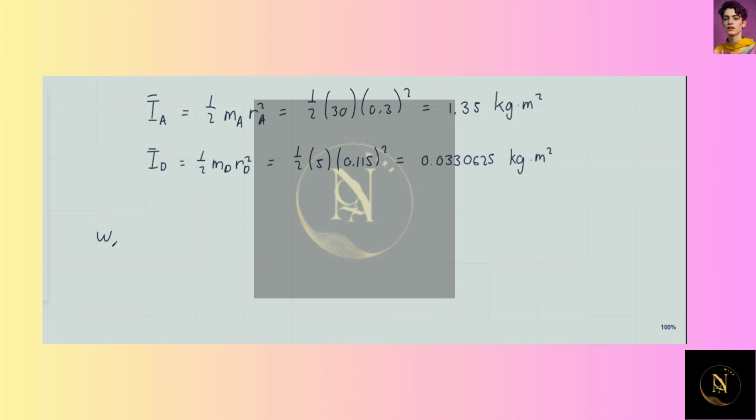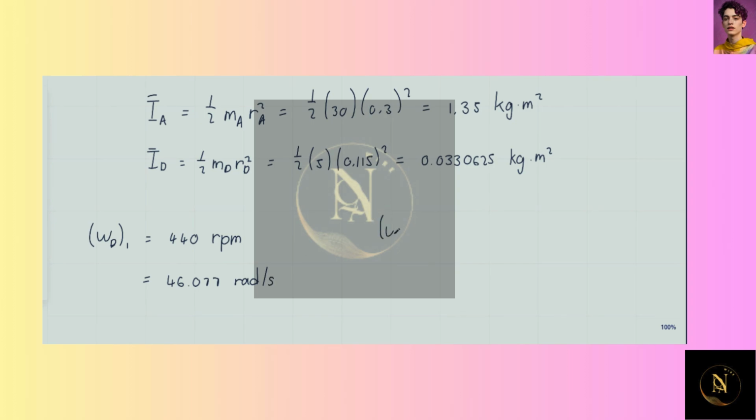The angular speed of D in the initial state, state 1, is given as 440 RPM. So this is before the spring is released. 448 revs per minute is equivalent to 46.077 radians per second.